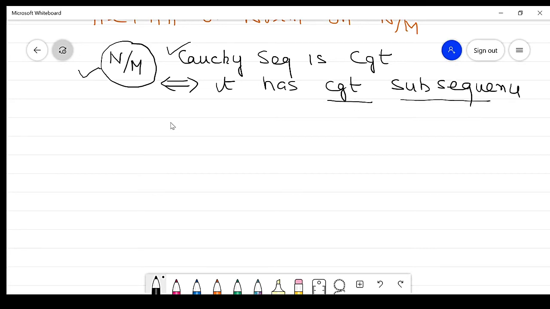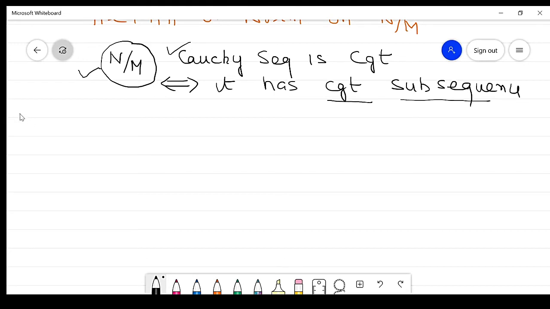So I will take a Cauchy sequence in N by M, then prove it has a convergent subsequence. I can also say that I will take a subsequence of a Cauchy sequence of N by M and prove that it is convergent.